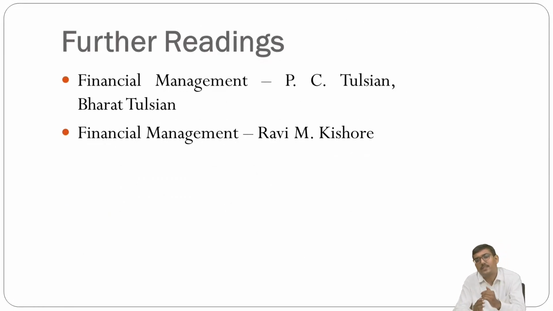To sum up this particular video, we learned the concept of working capital and the concept of working capital management. We learned the different definitions of working capital given by different authors, the basic meaning in accounting, objectives, features, characteristics, factors affecting working capital, and the different types of working capital.